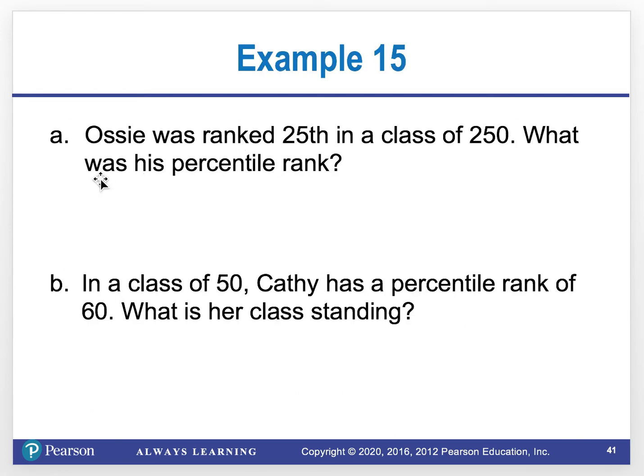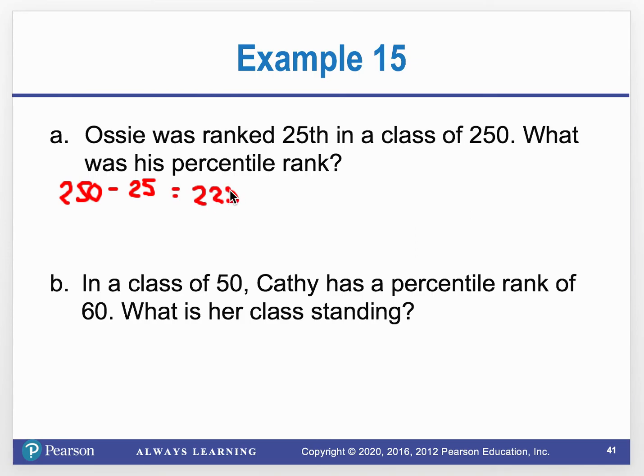So Aussie was ranked 25th in a class of 250. What was his percentile rank? Okay, so if he was 25th in a class of 250, the first thing I need to know is how many people scored lower than him.